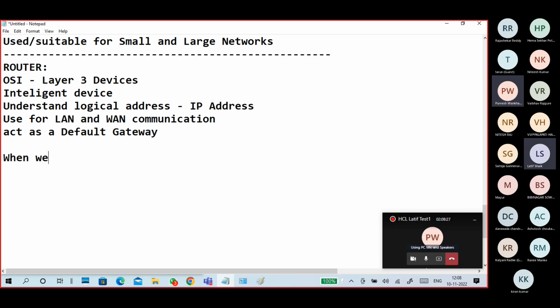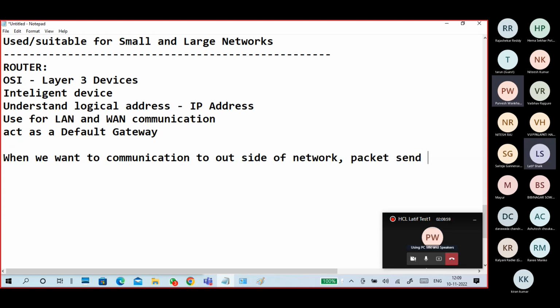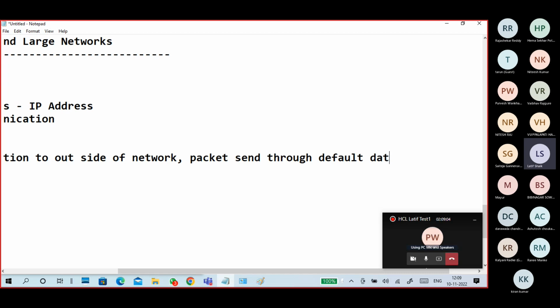When we want to communicate to outside of the network, logical or physical, outside of the network, I'm telling, the packet is sent through the default gateway.